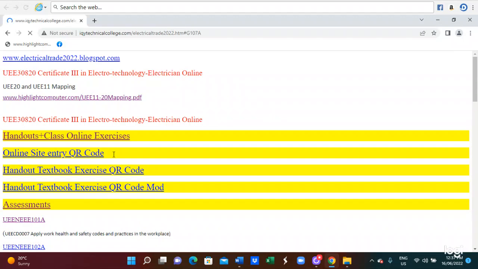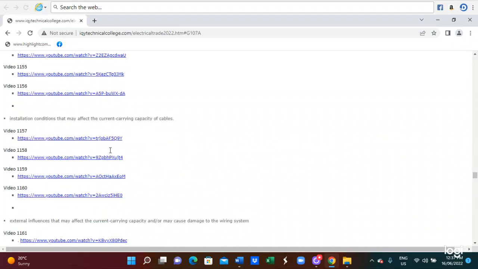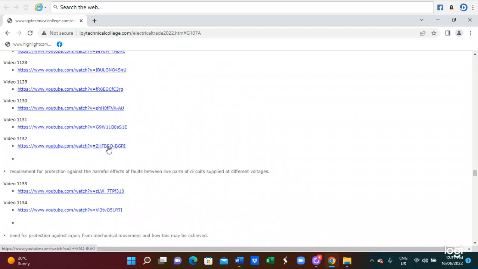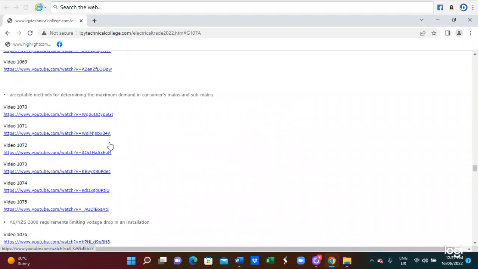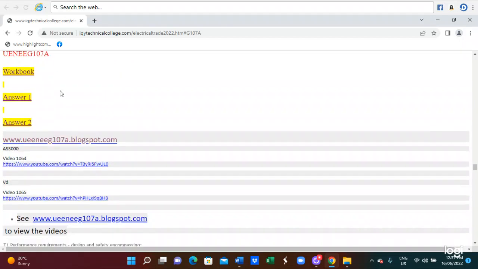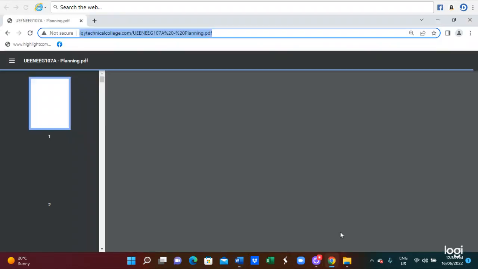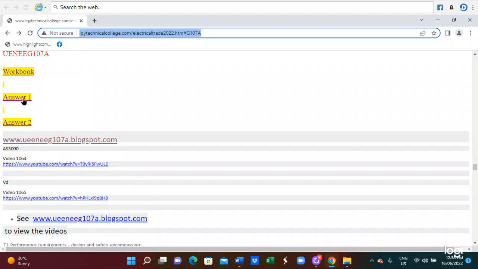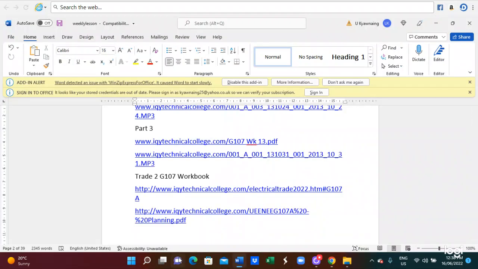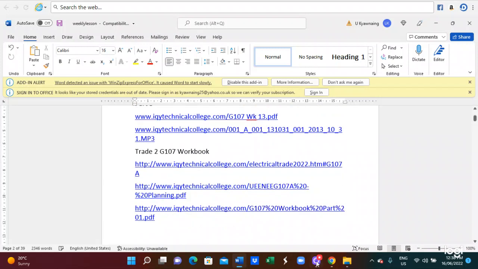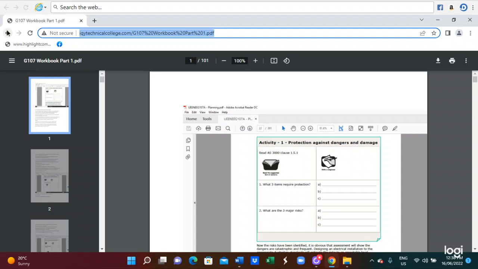These links are how you study G107A. This workbook you download. This is the workbook here. And this is the answer; you download and study it. And this is the other answer, answer 2, you download and study.